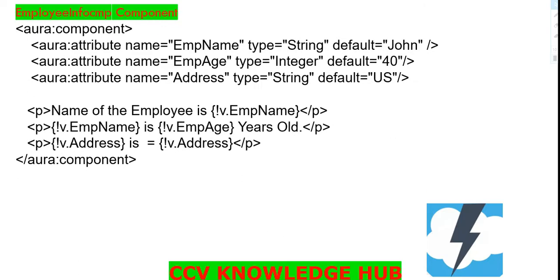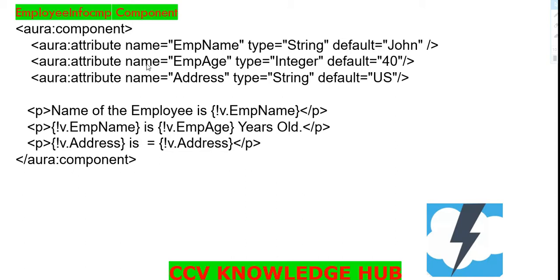Here I created one component, the employee info component, and the same thing we will access in the application. If you see, I am using three attributes. Aura attribute name employee name, type string, default is John. This is the default one.